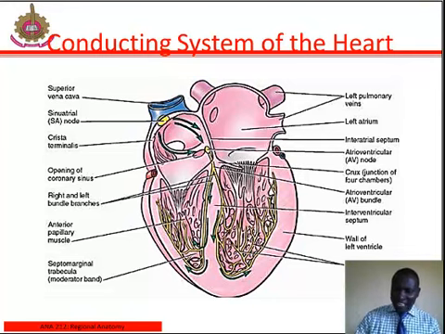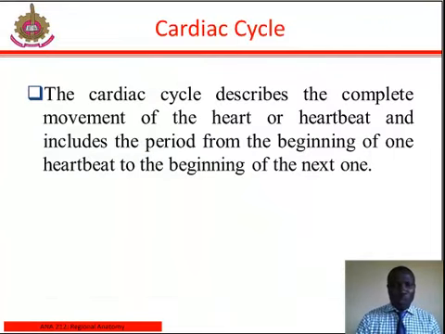The signal is distributed from the AV node through the AV bundle and the right and left bundle branches, which pass on each side of the IV septum to supply subendocardial branches to the papillary muscles and the walls of the ventricles. Cardiac cycle.